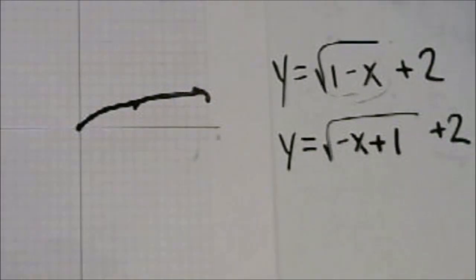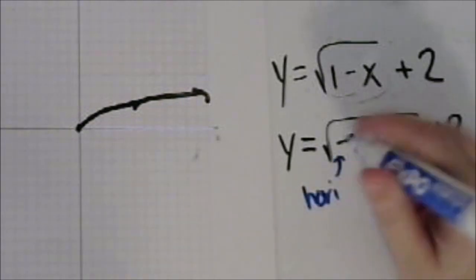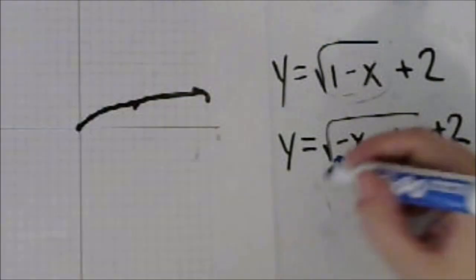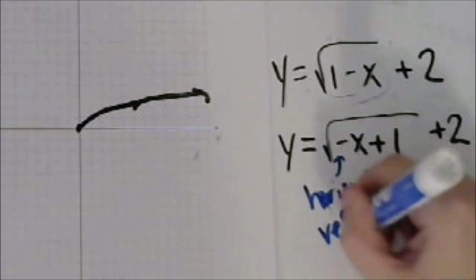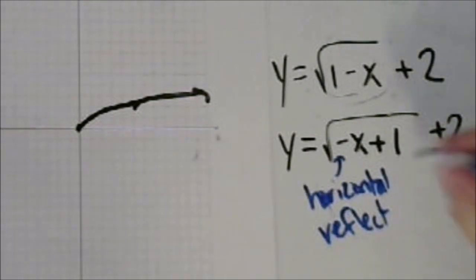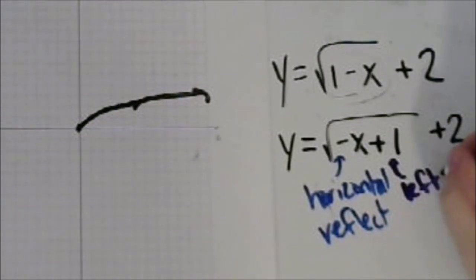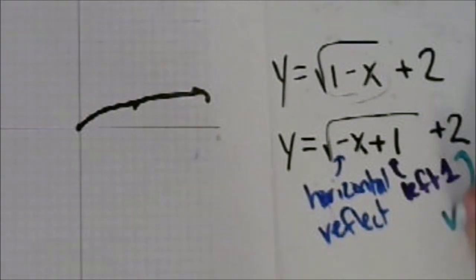I can see now there is a horizontal reflection, there is a horizontal shift, and there is a vertical shift.